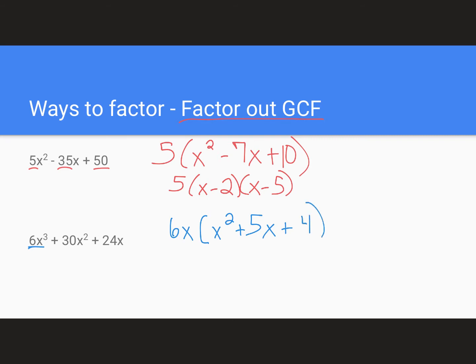Two numbers that multiply to 4 and add to 5 are simply 1 and 4. So now I have 6x times x plus 4 times x plus 1. Not too hard. Like I said, you just have that first step of taking out the greatest common factor like we did in Lesson 4.